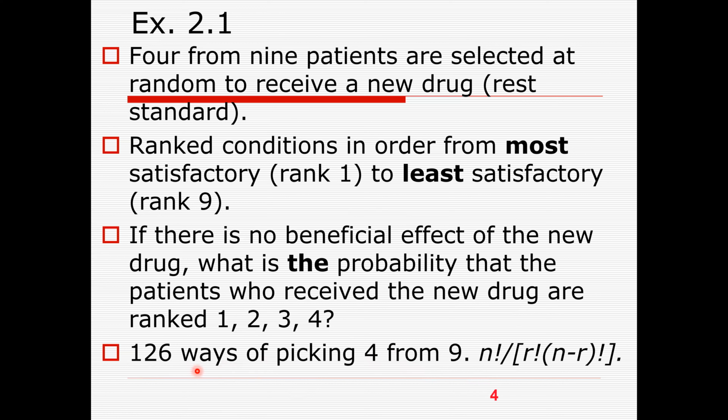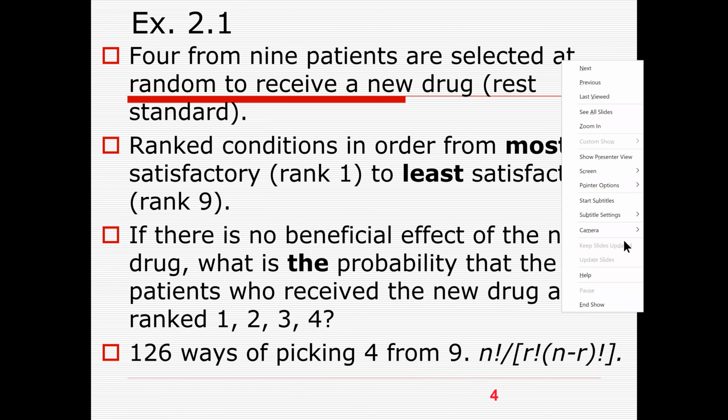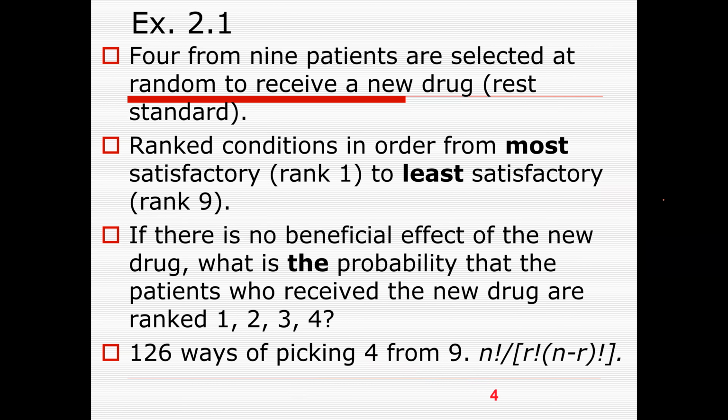Why 126? This is a combinatorial. From n numbers, we pick r, and what are the combinatorial results of them? It can be written as a big parenthesis, from 9, select 4, and what are the ranked results.